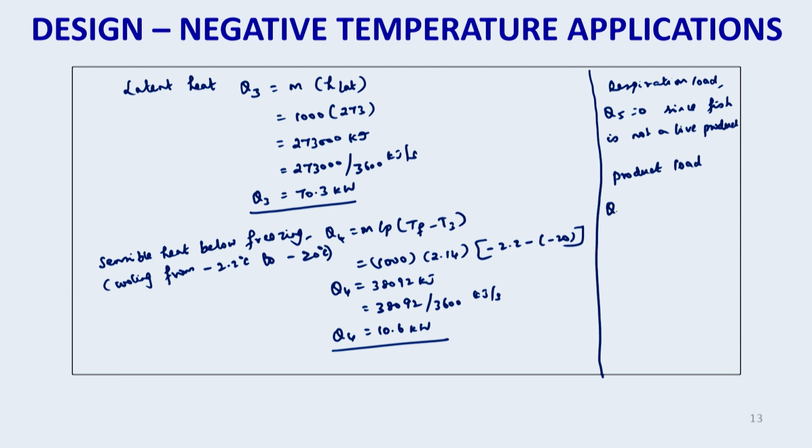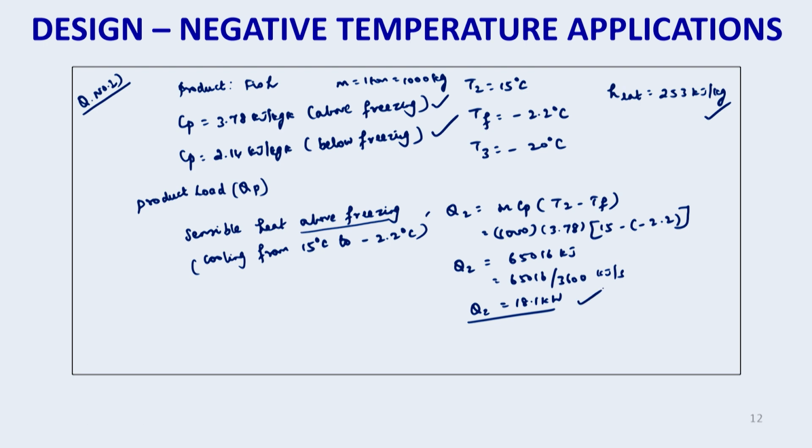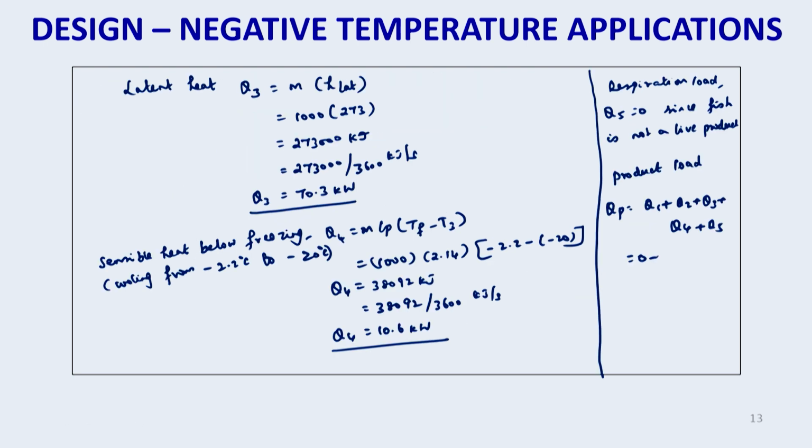product load QP is equal to Q1 plus Q2 plus Q3 plus Q4 plus Q5. So Q1 is negligible, that is 0. Q2 we have calculated 18.1, plus Q3 is 70.3, plus Q4 is 10.6, plus Q5 is 0.